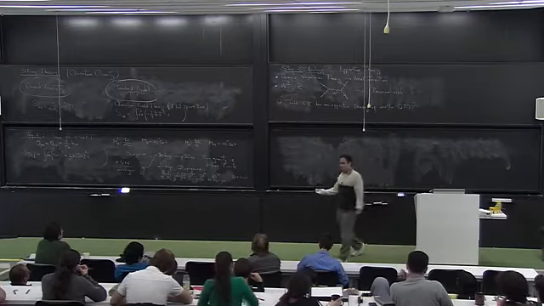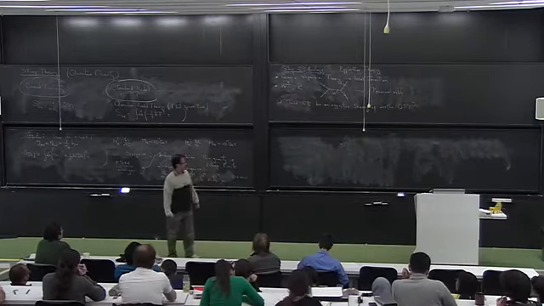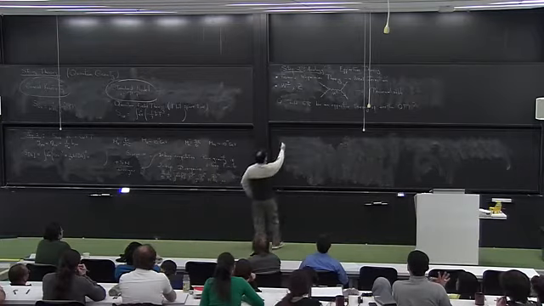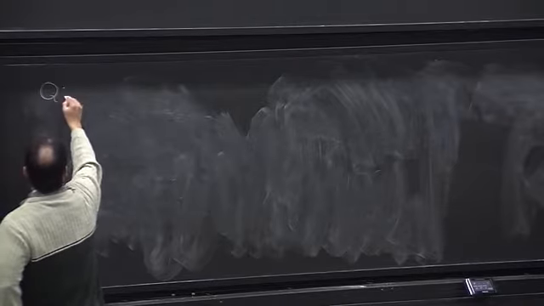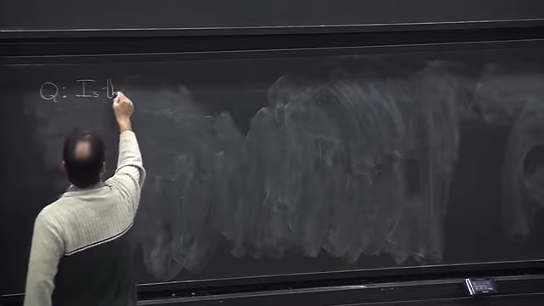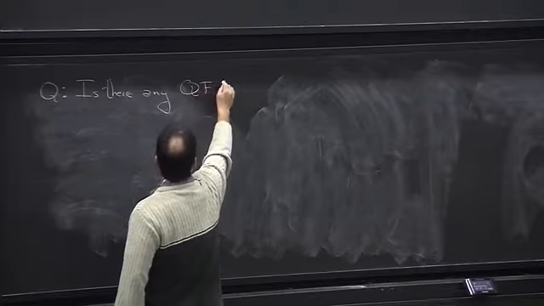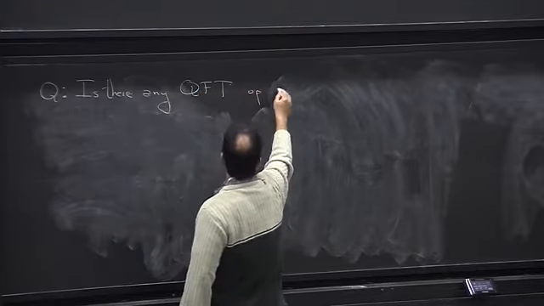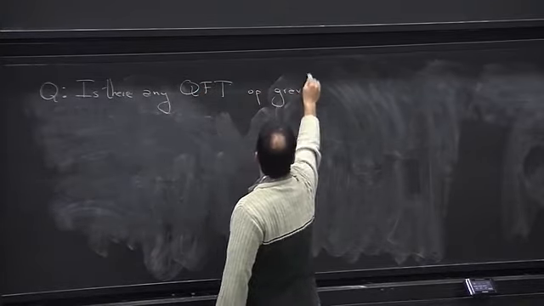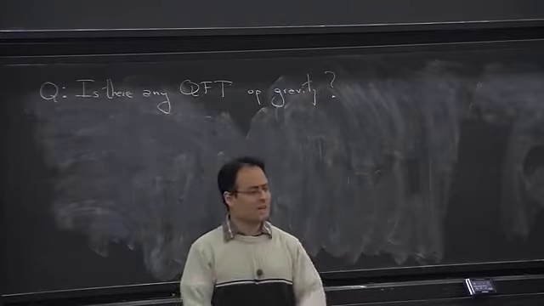Well, in fact, if it's a quantum field theory, it has to be a quantum field theory that somehow contains gravity. So another question we could try to address before doing that is, is there any quantum field theory of gravity? Never mind that it has a standard model, just any quantum field theory.